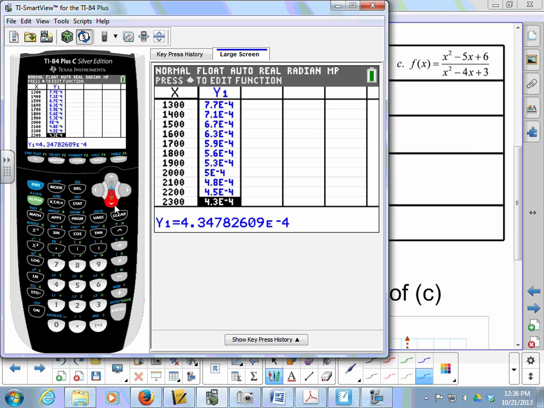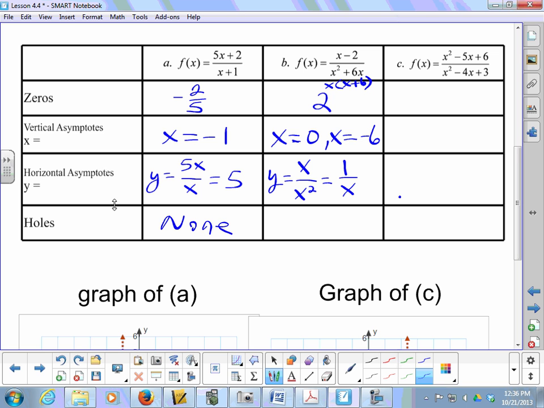So in this case, the answer is going to be y equals 0, because when you have very, very large values of x, the number is getting closer and closer to 0, so the asymptote is y equals 0. Is there a common factor in the numerator and denominator? The answer is no. I have x minus 2, x and x plus 6, so there are no holes.